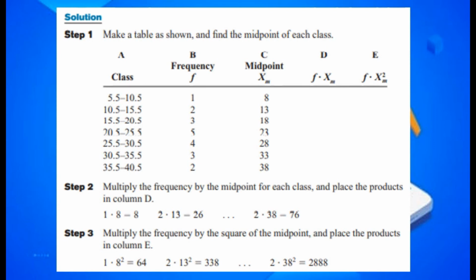Then step 3, multiply the frequency by the square of the midpoint and place the product in column E. Then 1 times 8 squared is equal to 64. Then 2 times 13 squared is equal to 338, and follow the step. The last is 2 multiplied by 38 squared, equal to 2,888.